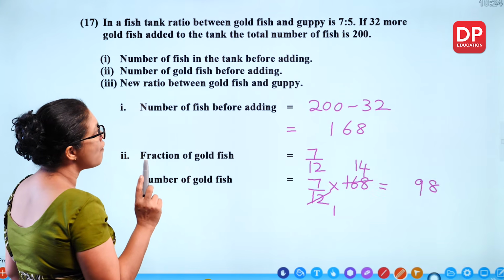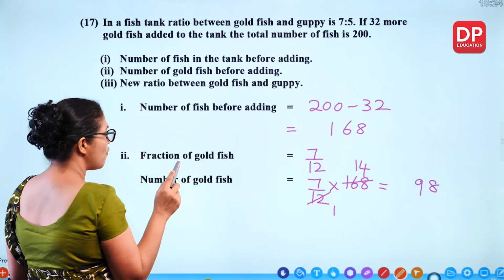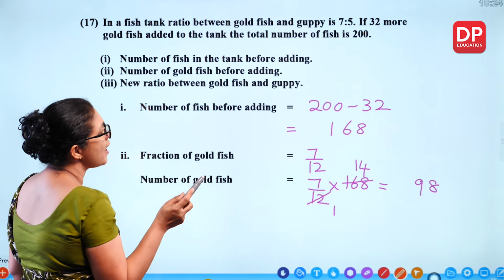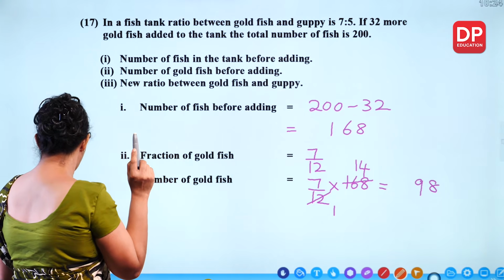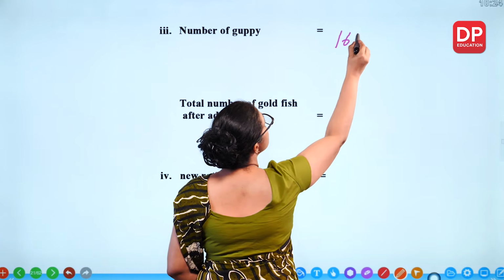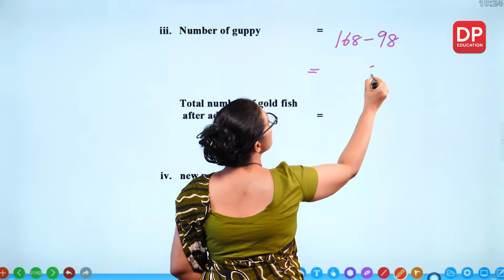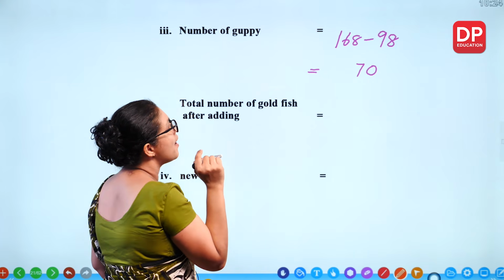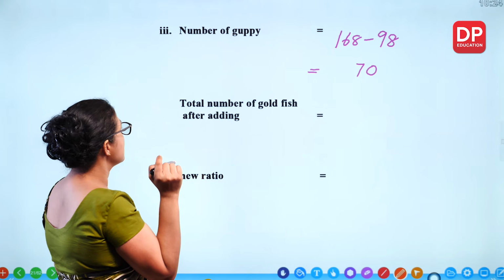The fraction is 5 over 12, times 168, or you can do the subtraction, 168 minus 98, which is 70.